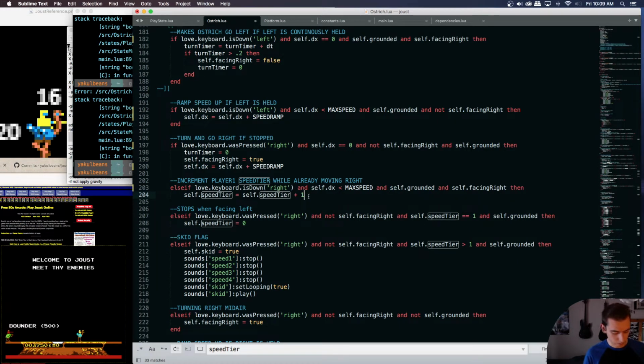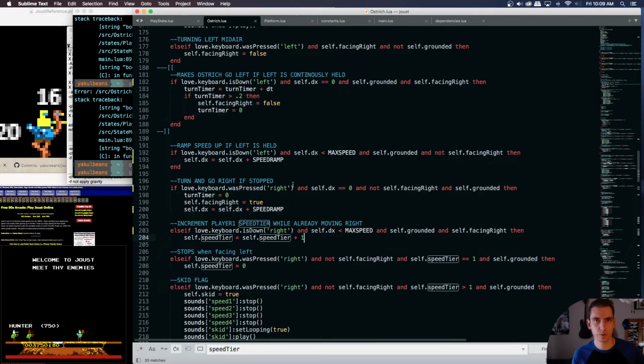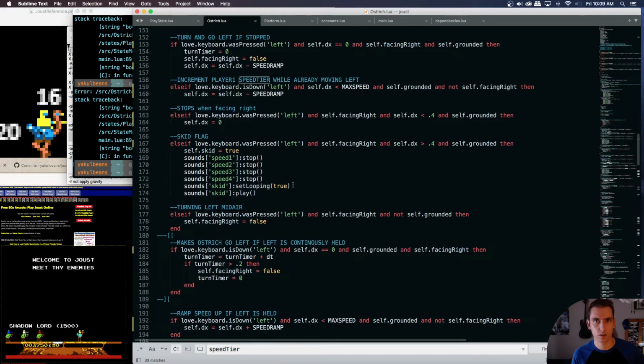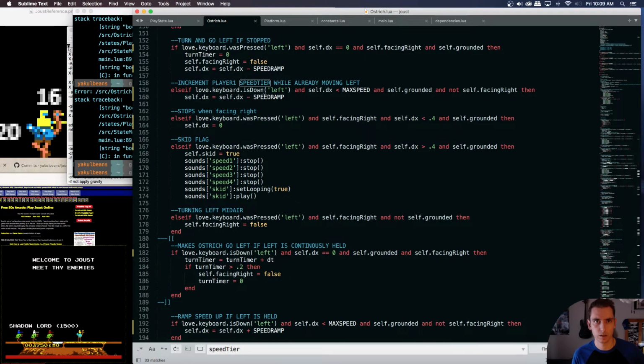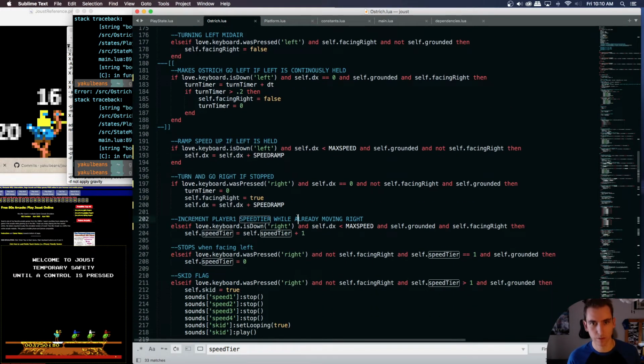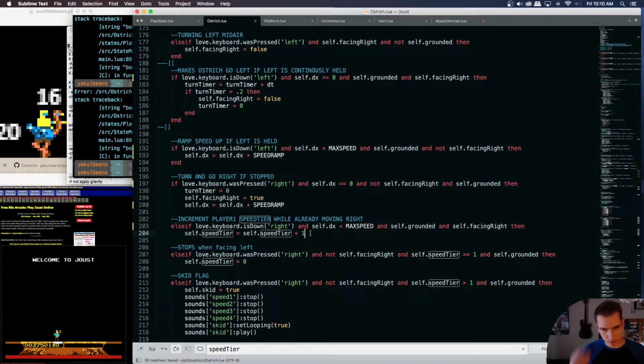Let me see if the increment tier while already moving right is down. Yeah. I'll leave that for now just because it might be broken. Everything might be broken.